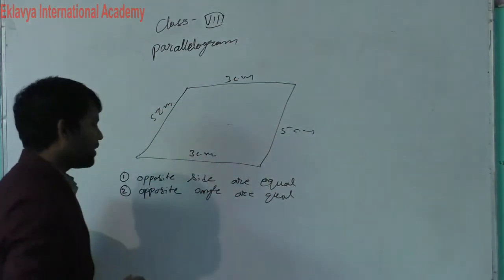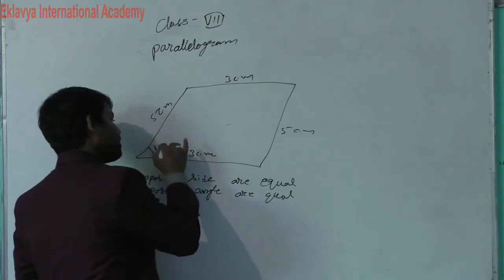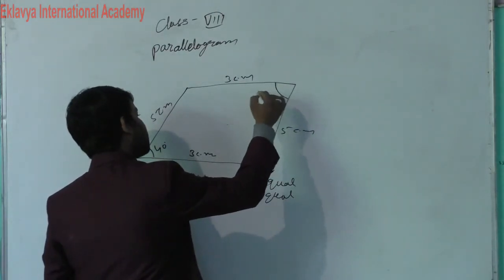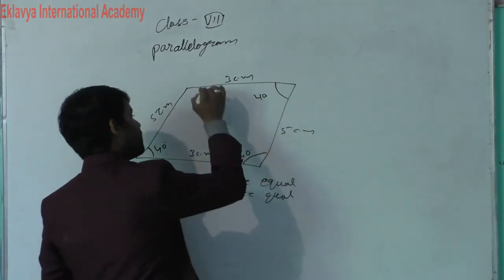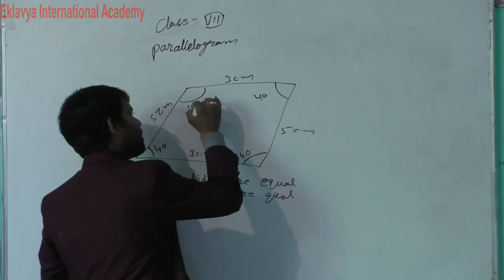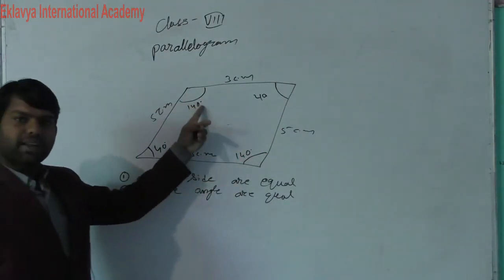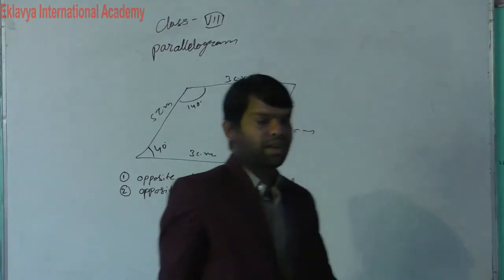If it is 40 degree, then the opposite angle is also 40, and if it is 140 degree, then the opposite angle is also 140 degree. So we will say here opposite angles are equal.